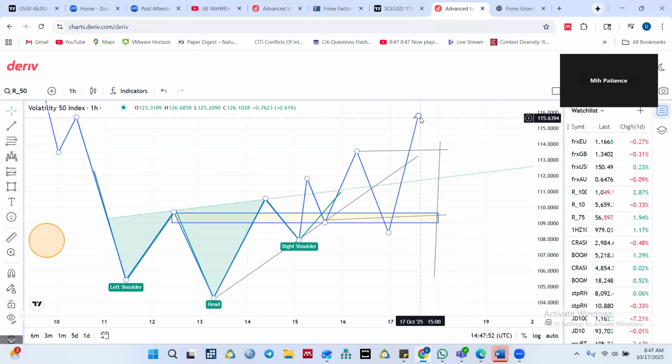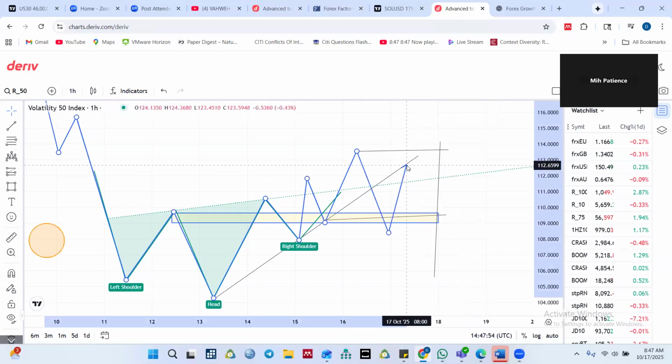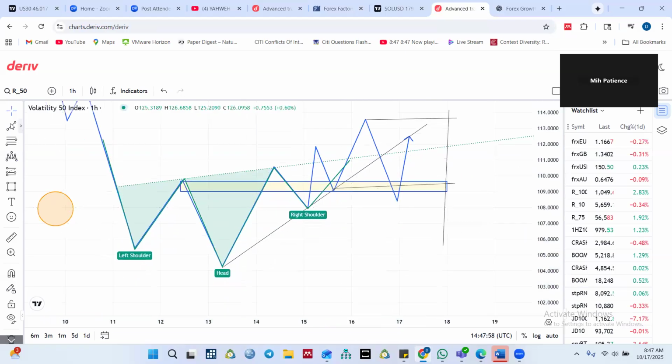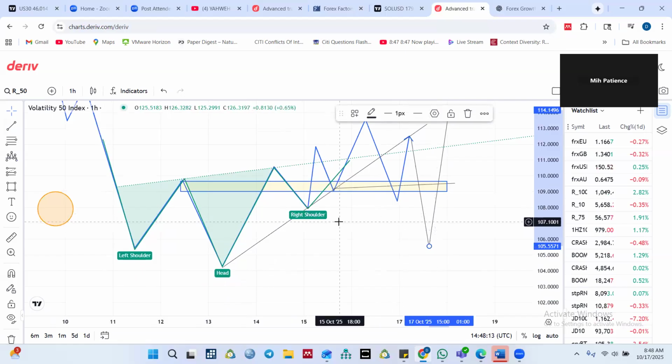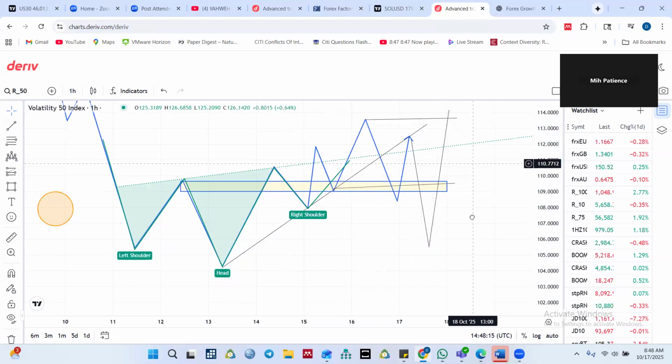Okay, so either it will go up to the neckline again here and then fail to go higher and then drop. Or it will just keep going up. It can even drop to here to form another right shoulder and then go up.